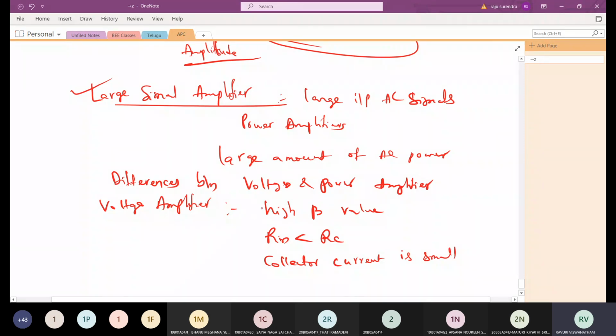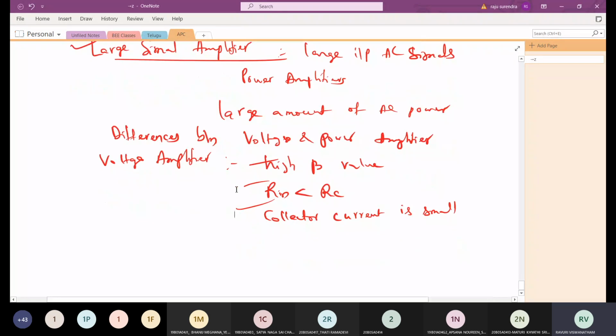These three are very important points with respect to voltage amplifiers.